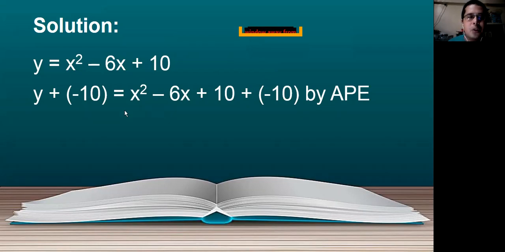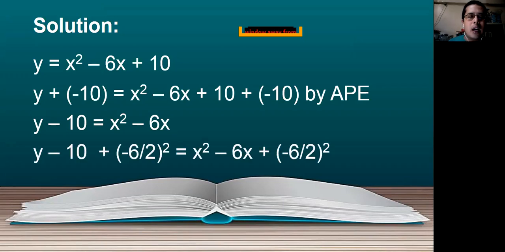Your equation will look like this: y minus 10, because a positive times a negative 10 is negative 10 by the rules of multiplying integers, equals x squared minus 6x. Now let's proceed with completing the square.